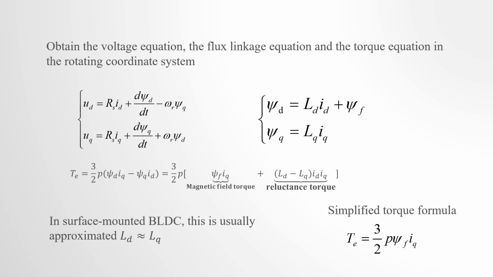For a surface-mounted BLDC, Ld approximately equals Lq. The reluctance torque is approximately 0, and the torque is essentially determined only by Iq. The control strategy is to keep Id near 0 and use Iq for the torque production and speed regulation.